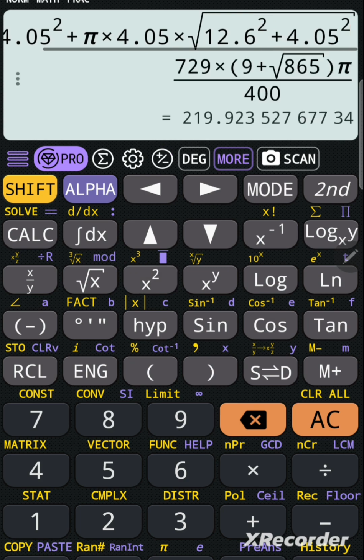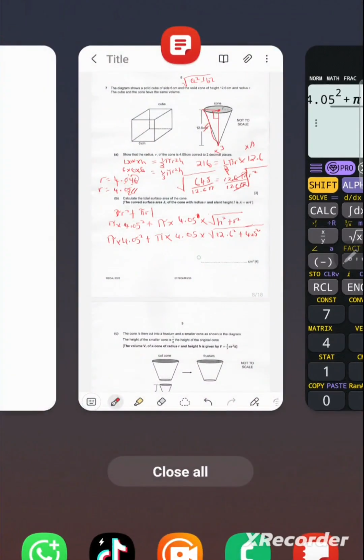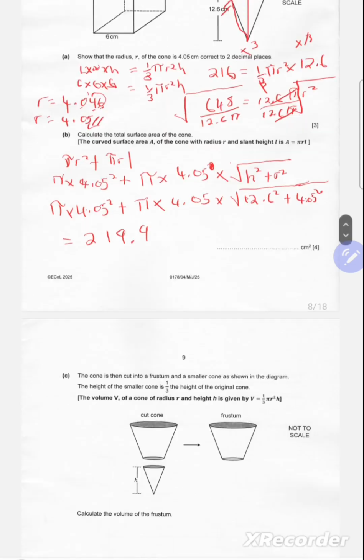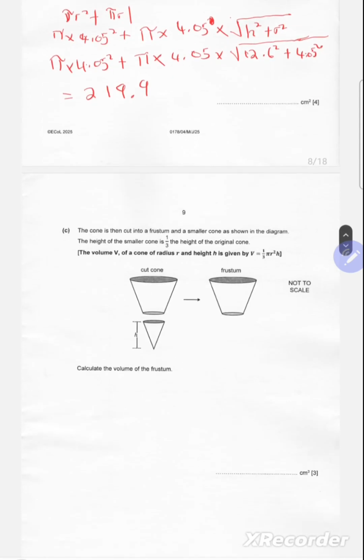So how much is our answer? We get 219.9. So our answer equals 219.9 centimeters squared.